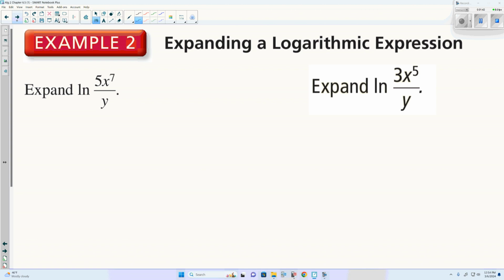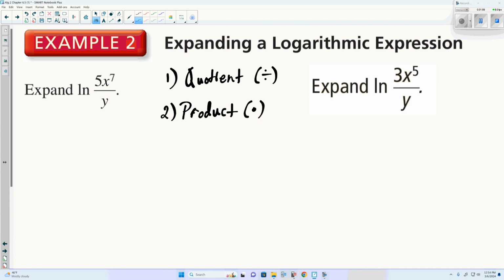Now, the order in which we use these is, first is our quotient. We're going to use our quotient property first, our division property first. And after we finish doing the quotient property, we're going to do the product property, our multiplication property. And the last one we're going to use is our power property.